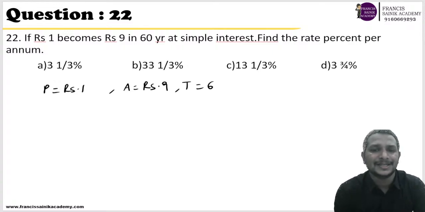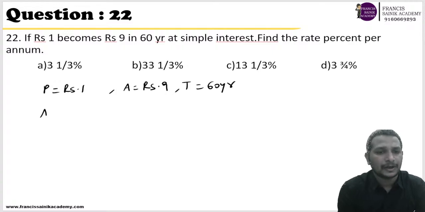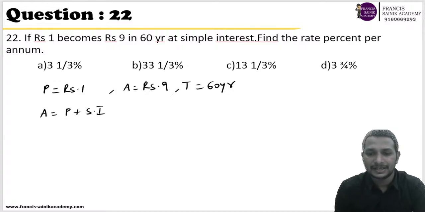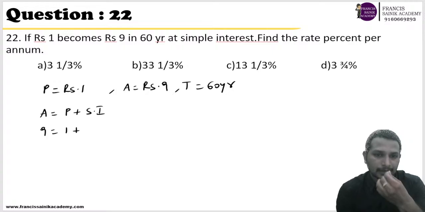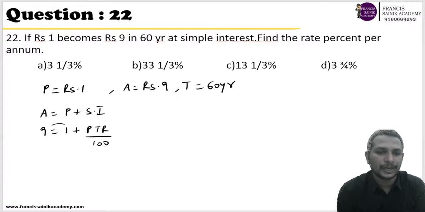Time is 60 years. As we apply the same formula as the above problem, it's related to the same concept. Amount equals principal plus simple interest. Amount is how much? 9 equals 1 plus 1 into 60 into r by 100. 9 minus 1, 8.